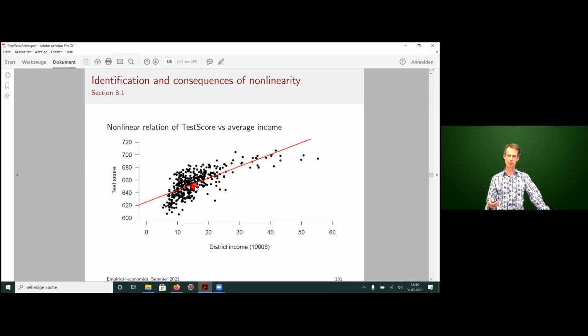The relationship goes up relatively steeply and then flattens off towards the right end of the distribution. So it's a bent curve, if you want.